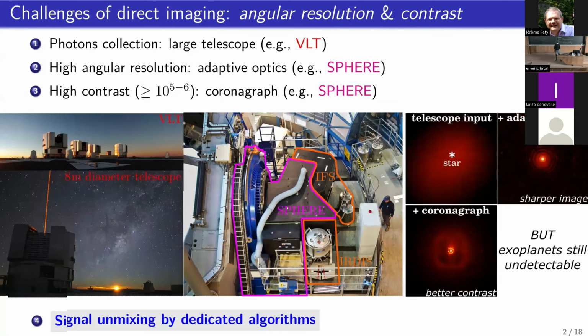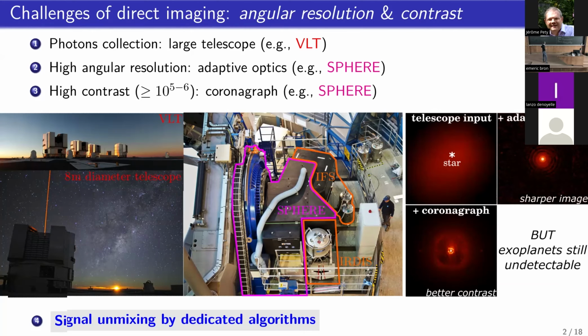Okay, so to tackle these goals, direct imaging requires collecting a large number of photons to reach a high angular resolution and a high contrast. So we use the data from dedicated instruments such as SPHERE, but there are several ones we are also working on, at the VLT, which is equipped with adaptive optics and coronagraphy to block most of the starlight on the optical axis.